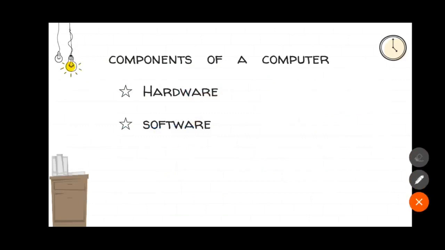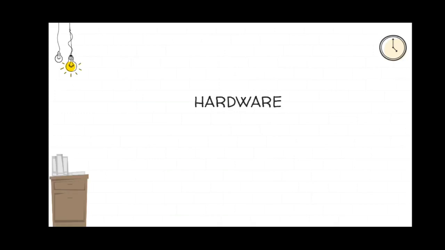A computer system is made up of two components: hardware and software. Hardware. The parts of a computer which can be physically touched are called hardware.